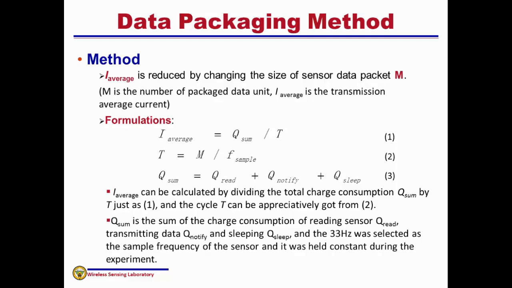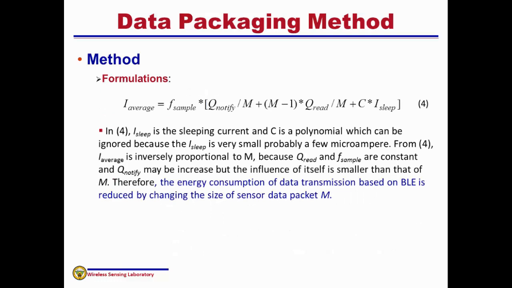And finally, Q is the sum of the charge of the sampling, the charge of transmission, and the charge of the sleeping. So we can calculate the final average current from this formulation. And I'm sorry, there is a typo.